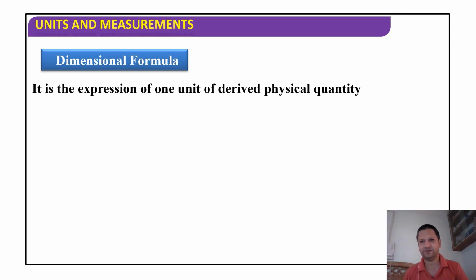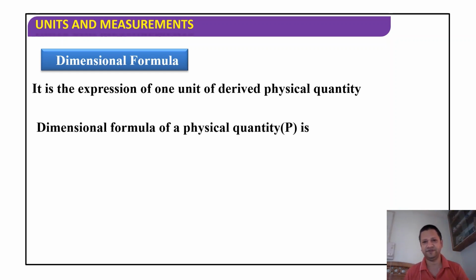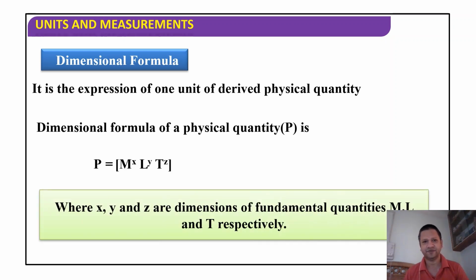So how do we write the dimensional formula? The dimensional formula of any physical quantity, in general form, we can write as M L T raised to the power. Raised to the power means here it is the dimension of the particular term.